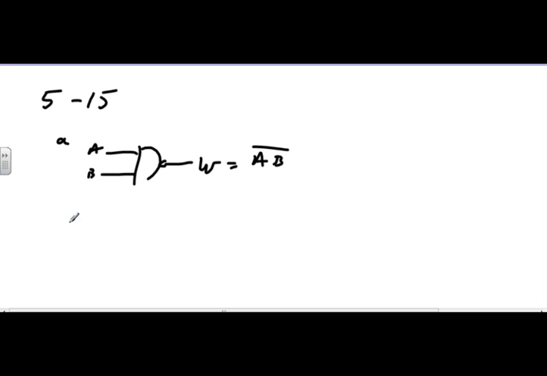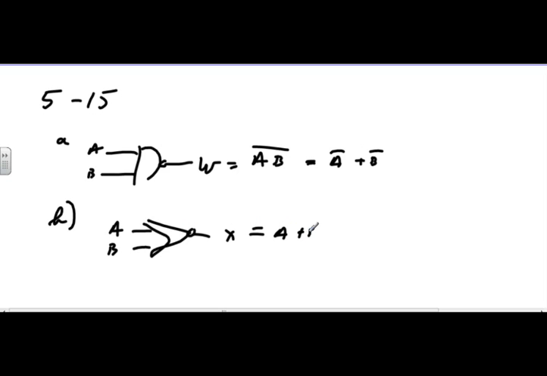Well, that could be written as A naught or B naught. And for B, we have A, B, and we get X, which is A or B naughted, which is A naught, B naught. So they're not the same. And then we've got the C one, so none are the same yet.